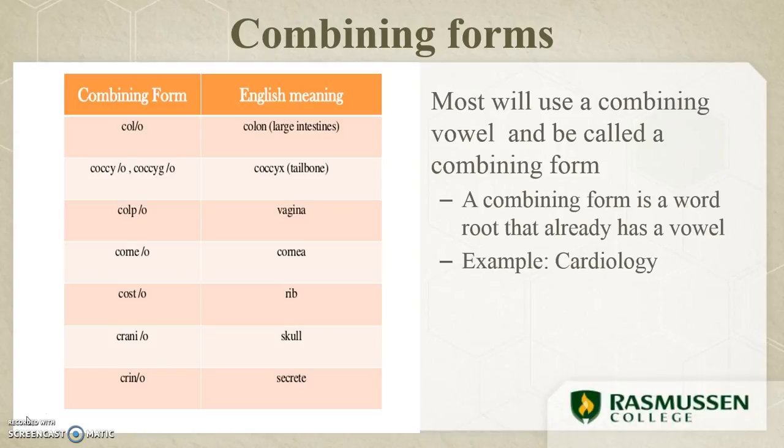I always suggest that when you're trying to break a word down, start with the suffix. Once you know what the suffix is, you can apply it to several words. Then move to the word root. The word root is mainly related to a body system or organ. Developing a habit of taking the words apart will help you to understand the word, building patterns, and the meaning of medical terminology.